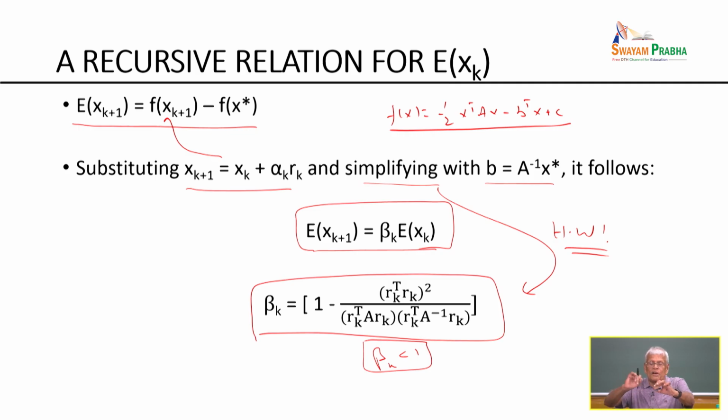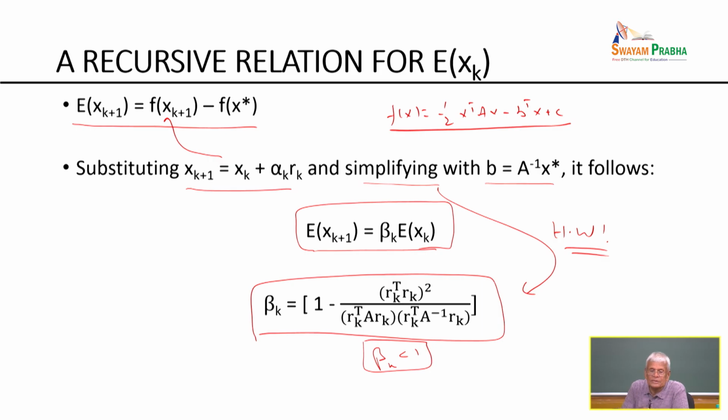A decreasing function that is bounded below must converge. That is the basic idea of the proof. So, I have now transferred all the responsibility of the proof to the parameter beta k of the recurrence of the energy function of xk.